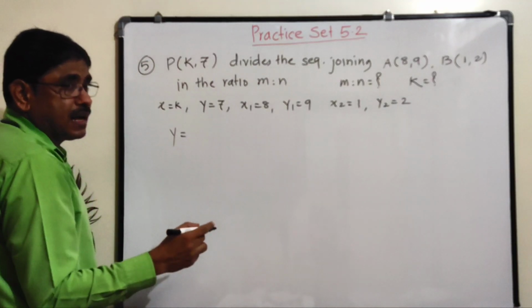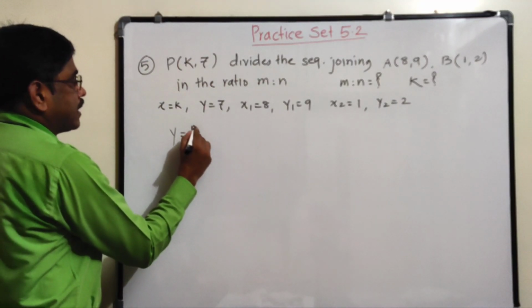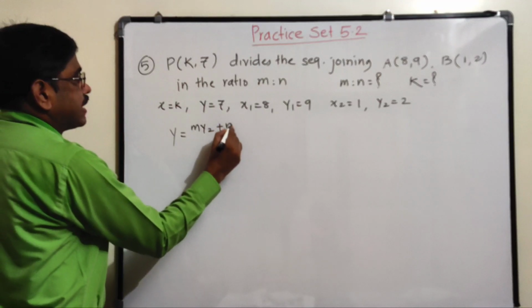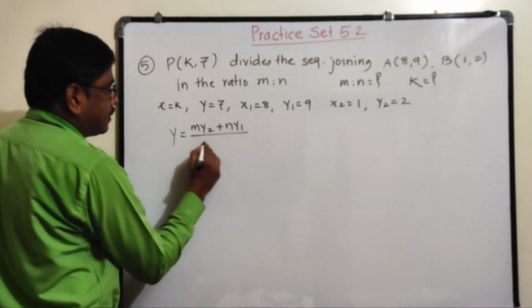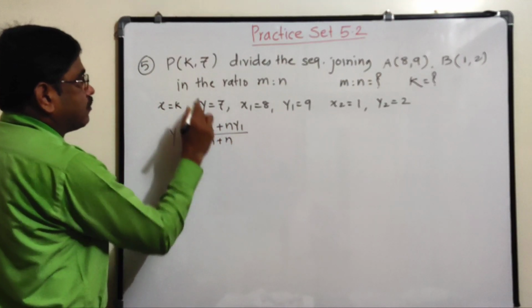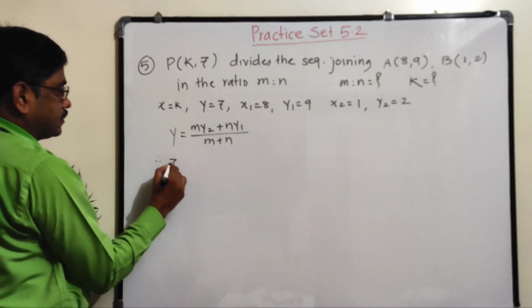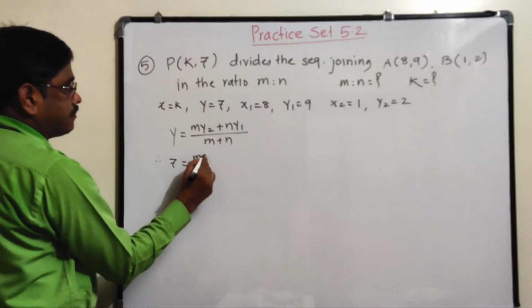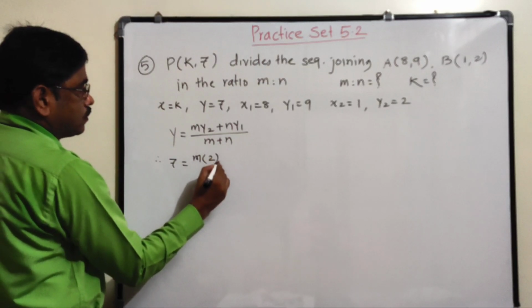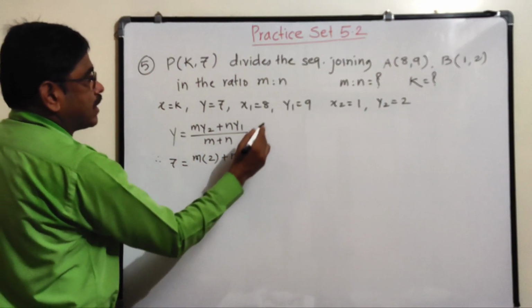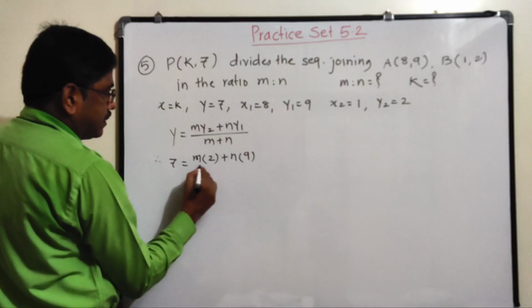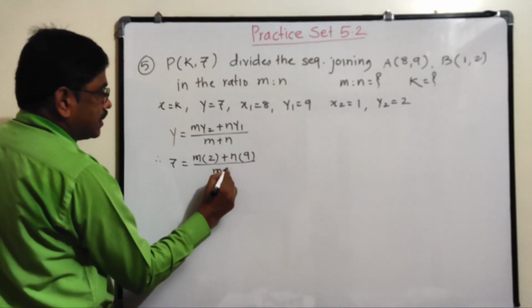Remember which formula? Section formula. my2 plus ny1 divided by m plus n, but y is equal to 7. 7 is equal to m, y2 means 2 plus n, y1 means 9 divided by m plus n.